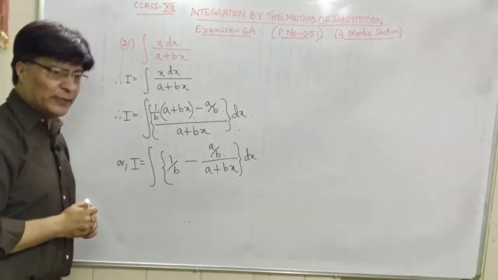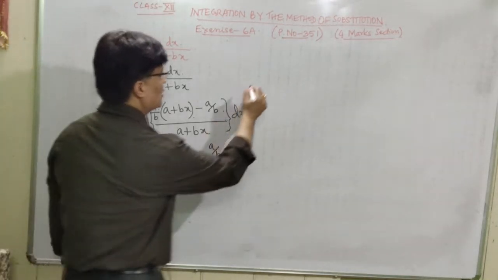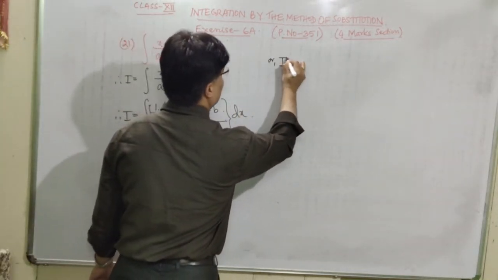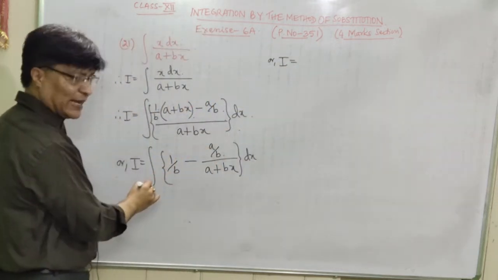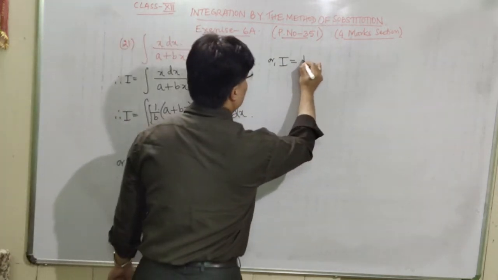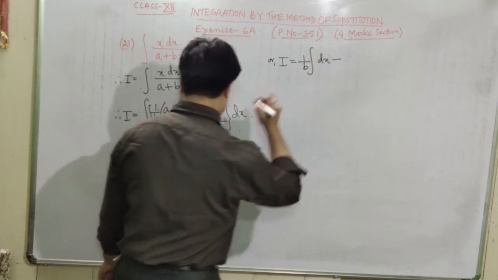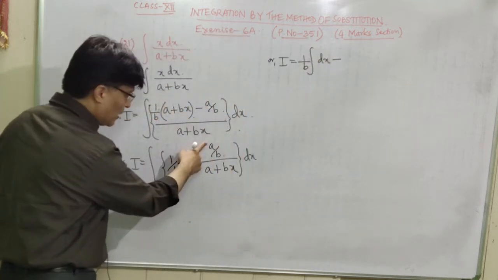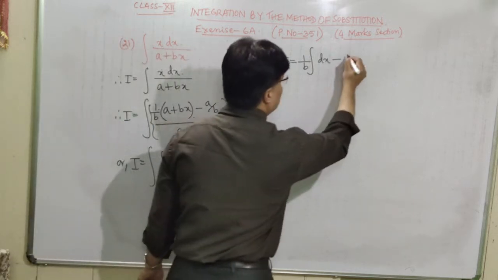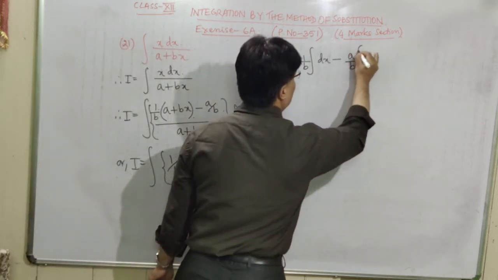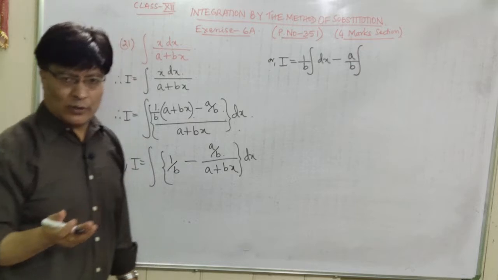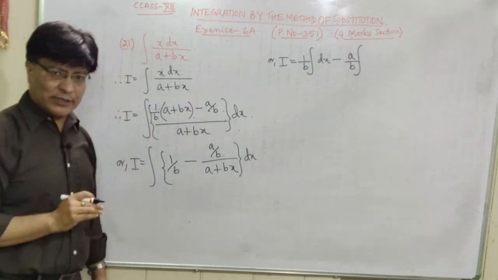So now you can separate the integral sign and dx. Now it becomes I is equal to, what is the first term in this case? 1 by b is a constant, so it is taken outside, integration dx. Then comes the minus sign. Again a by b is a constant, so it is taken outside, integral sign. Whenever you have a constant term, you can take it outside the integration.